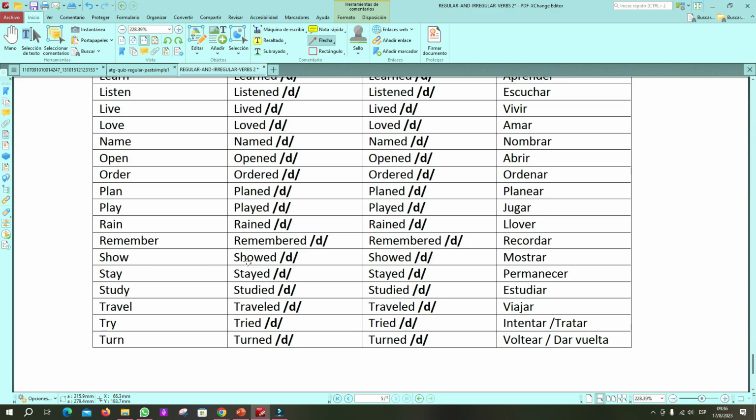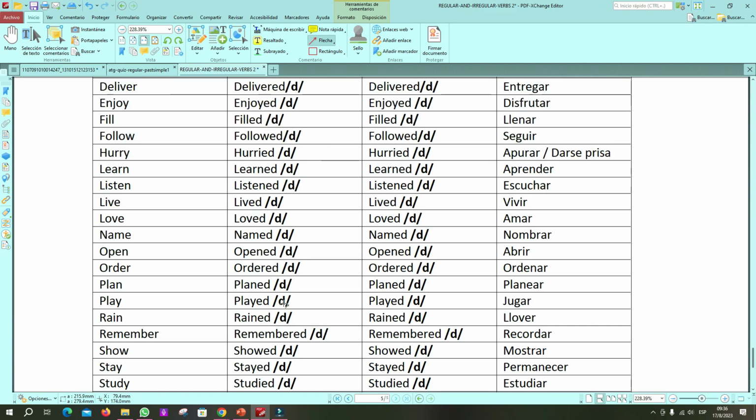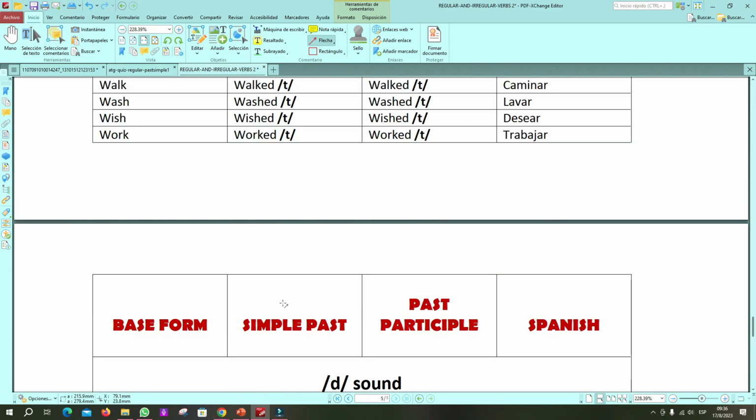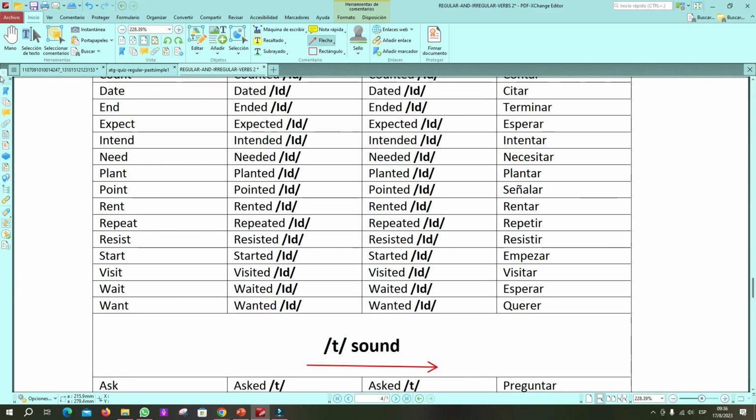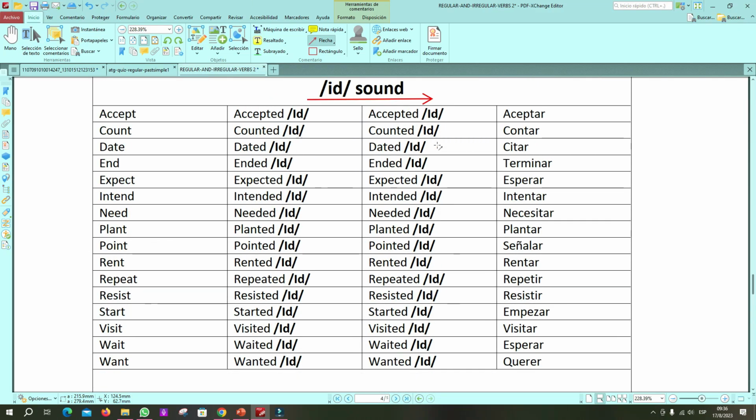Remembered, showed, stayed, studied, traveled, tried, and turned. So these are the common ones, right? But here you have the pronunciation.